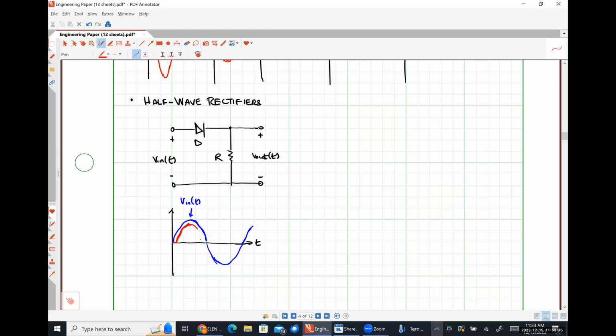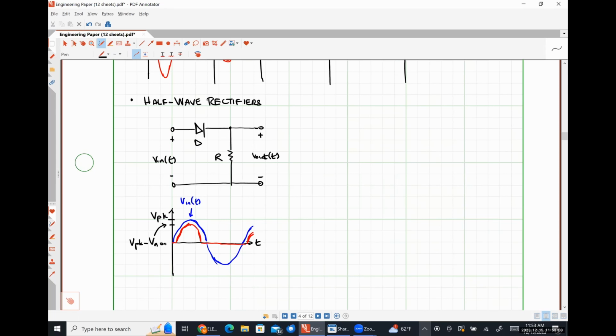Something like this, where this value is the peak value of our input signal. And this value right here is VP minus VD on.